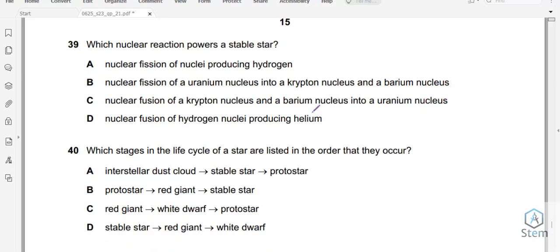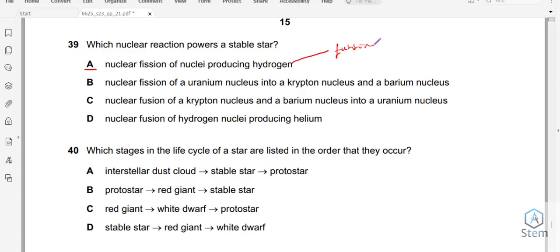Which nuclear reaction powers a stable star? A, we have nuclear fission of hydrogen. We have nuclear fission of nuclei producing hydrogen. Well, in stable stars, we don't have fission, but we have fusion.